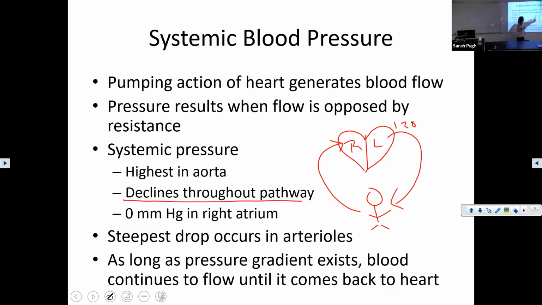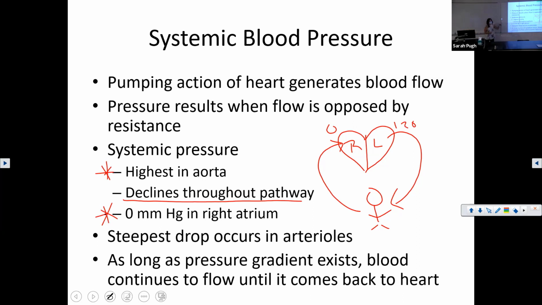Pressure is going to decline as it moves out into your capillaries and then back to the heart through veins. And by the time it gets back into that right atrium, the pressure is down to 0, okay? So it's highest in the aorta, and it's lowest when it's dumping back into that right atrium.